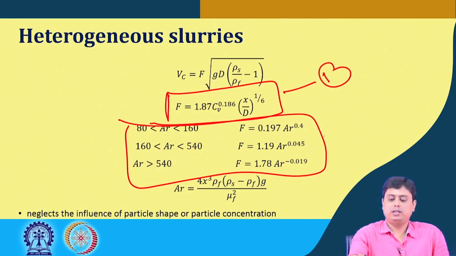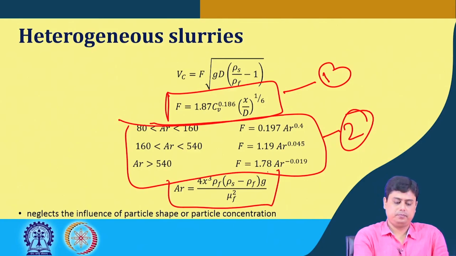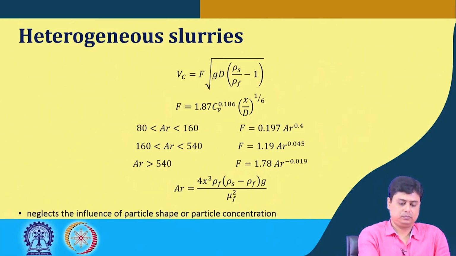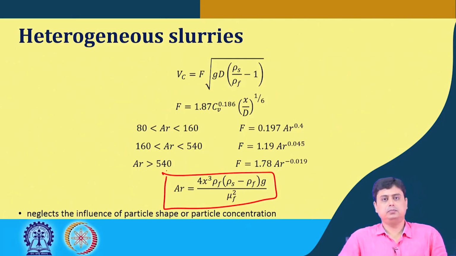So, this one we have seen, and this is the new set of expression for calculating F, which depends on the Archimedes number, which is defined as this. This is the Archimedes number, another dimensionless number.